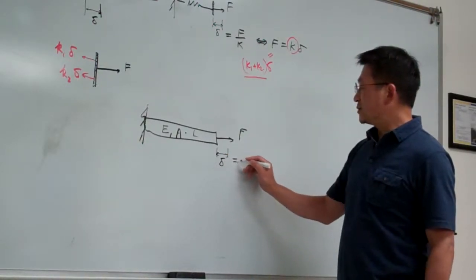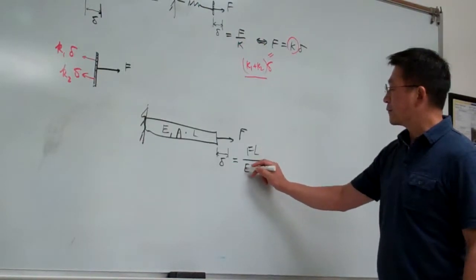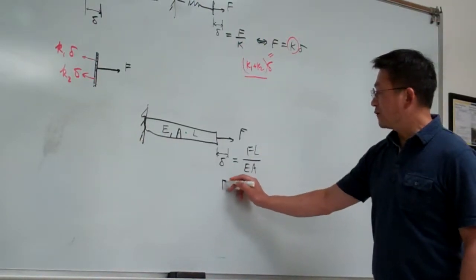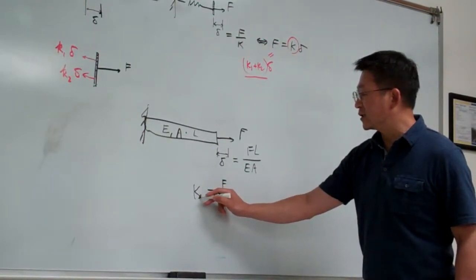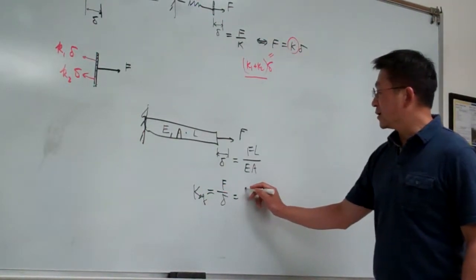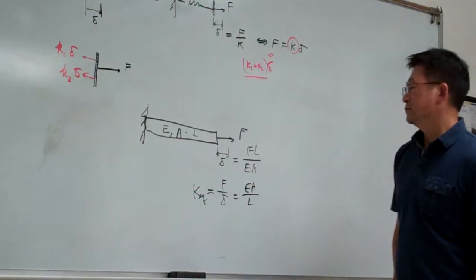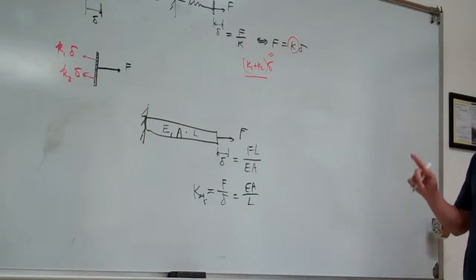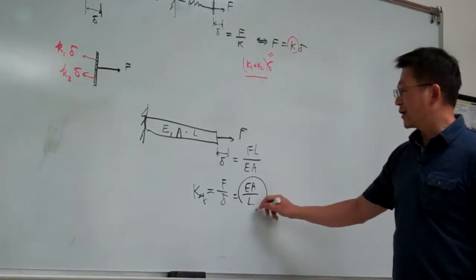And a couple of days ago, we saw delta equals FL over EA. So F divided by delta, by definition, is our spring constant K, and that is EA over L.